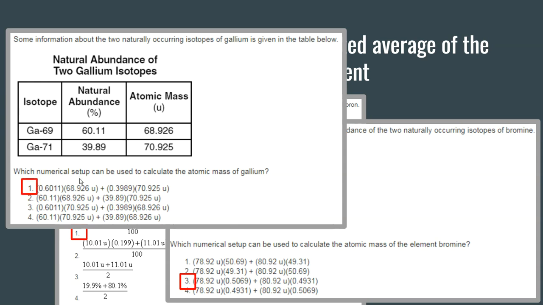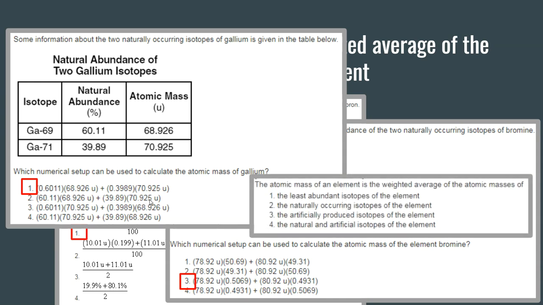So the only one that shows the correct answer would be the percent abundance, 0.6011 times 68.926 right here, and 0.3989 times 70.925. These problems become very simple if you just remember to multiply the percent times the atomic mass and divide everything by 100, or convert these percents to decimals.